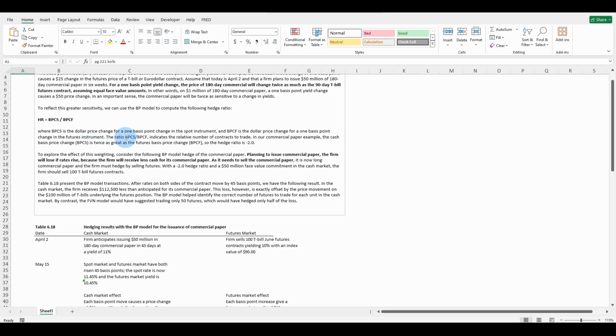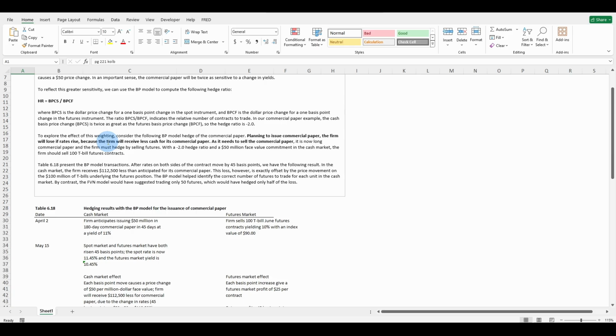The ratio BPC_S divided by BPC_F indicates the relative number of contracts to trade. In our commercial paper example, the cash price change is twice as great as the futures price change, so the hedge ratio is -2.0.